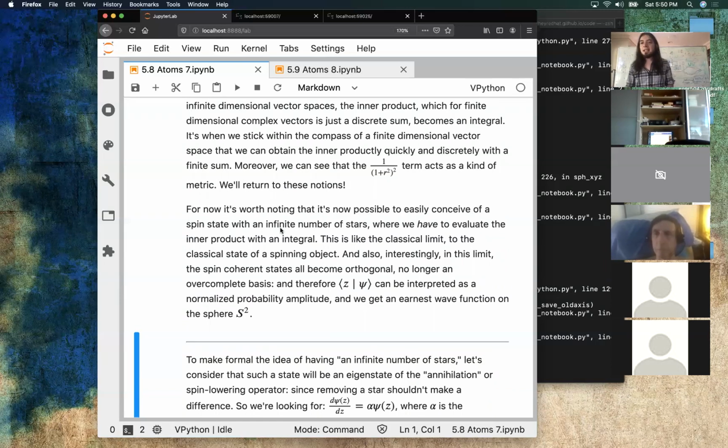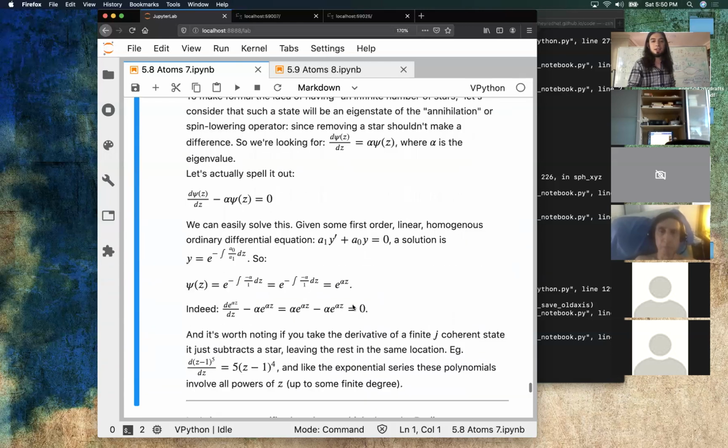And as I say, when we take that classical limit and we're considering the spin coherent states where there's an infinite number of stars at each point on the sphere, then each of those spin coherent states are in fact not just linearly independent, but also orthogonal.